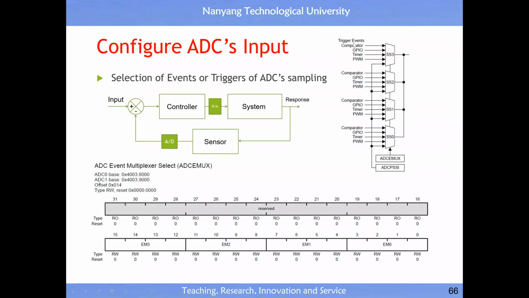And you may also have a comparator. You may have an emergency button, where any user presses a button to turn on your motor or your sensor. So here you can select, because each quantization module has 4 sampling devices.